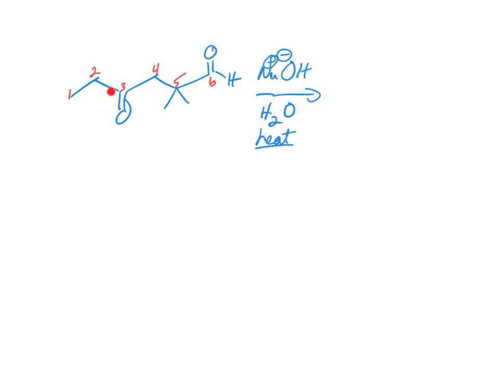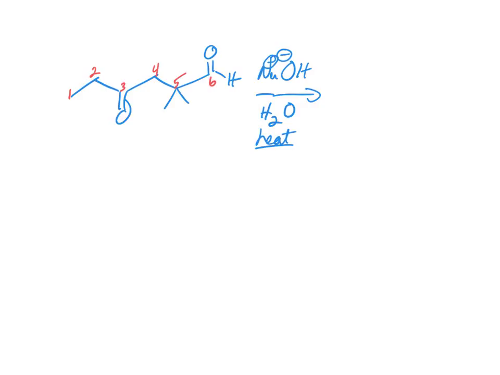So this side is my nucleophile, and this side will be my electrophile. We need to ask ourselves, if carbon 2 or carbon 4 is a nucleophile, what would happen if they reacted with carbon 6? We know for sure carbon 6 is the electrophilic carbon. The question is whether carbon 4 or carbon 2 is going to be the nucleophile.